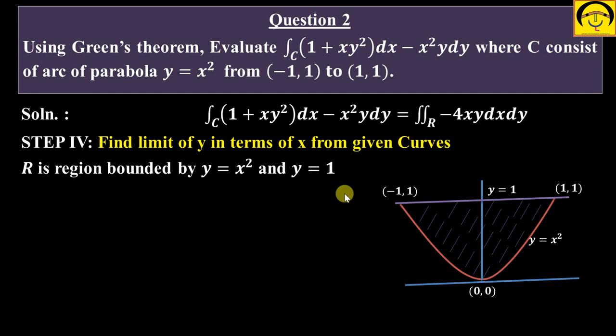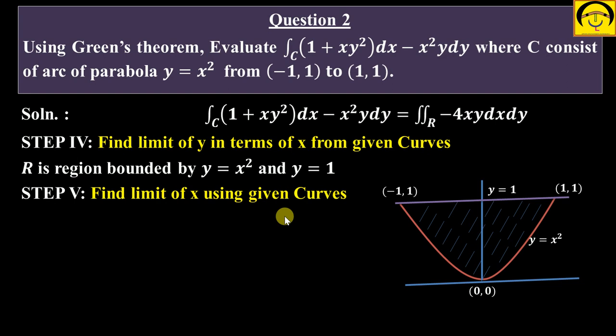Now the fifth step was to find the limit of x, because you need the limits of x and y here. The limit of x, obviously from the figure, you can see varies from minus 1 to 1. One more thing you can do is substitute y equal to 1 here, and you will get the value of x.